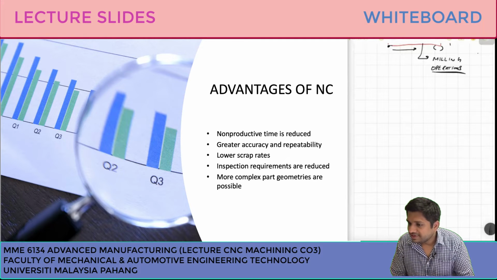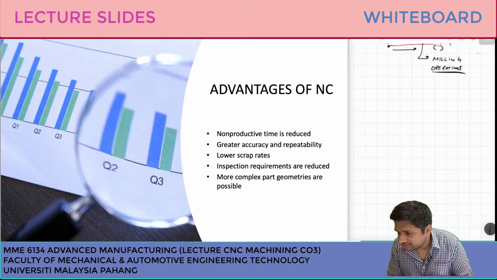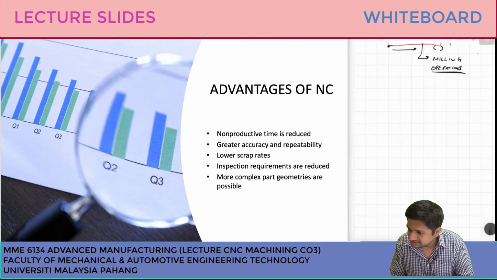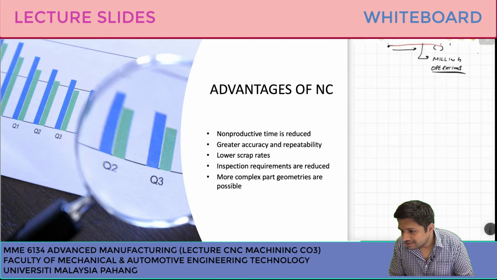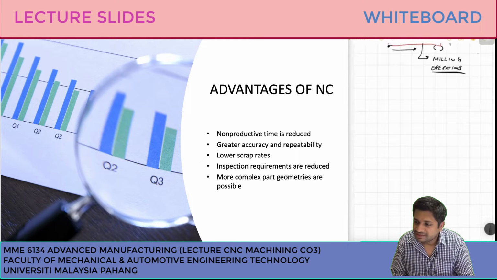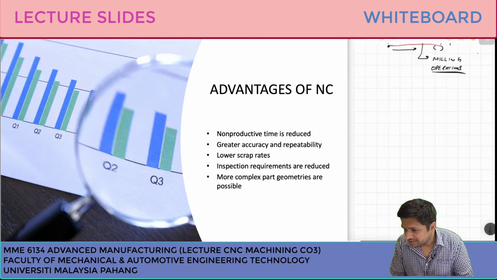That is why we have not only NC but CNC systems: to increase production rates, decrease manual labor, and make the process more efficient and less error prone. These are some of the reasons why the world has already adopted NC and CNC systems.